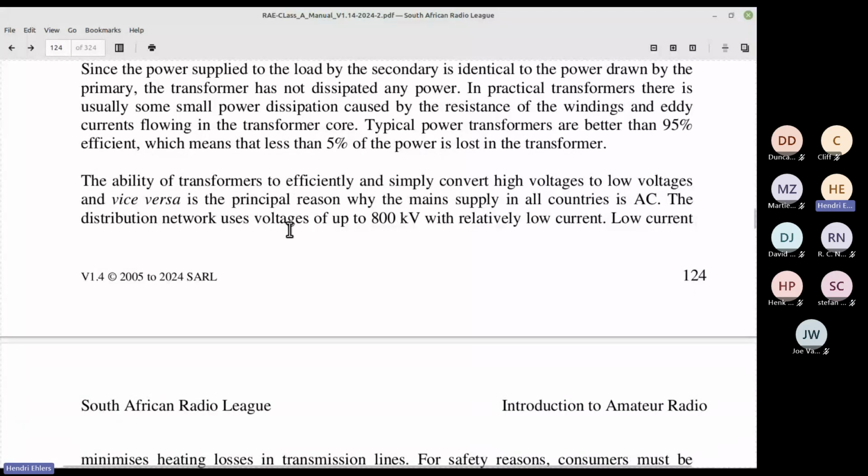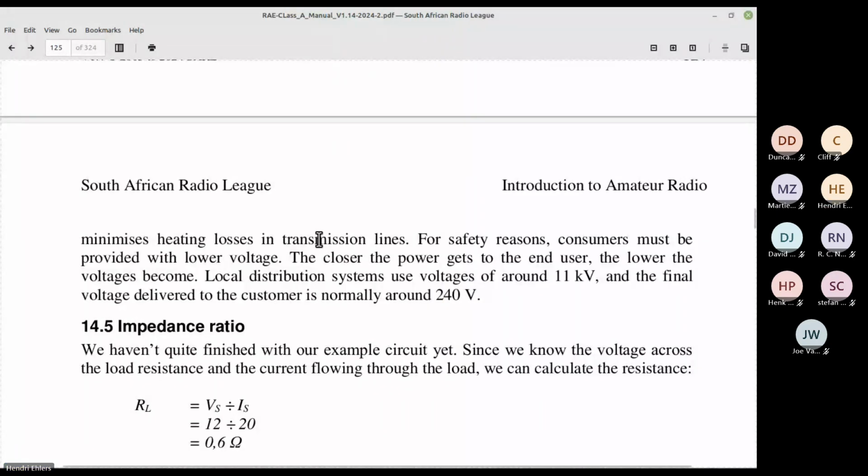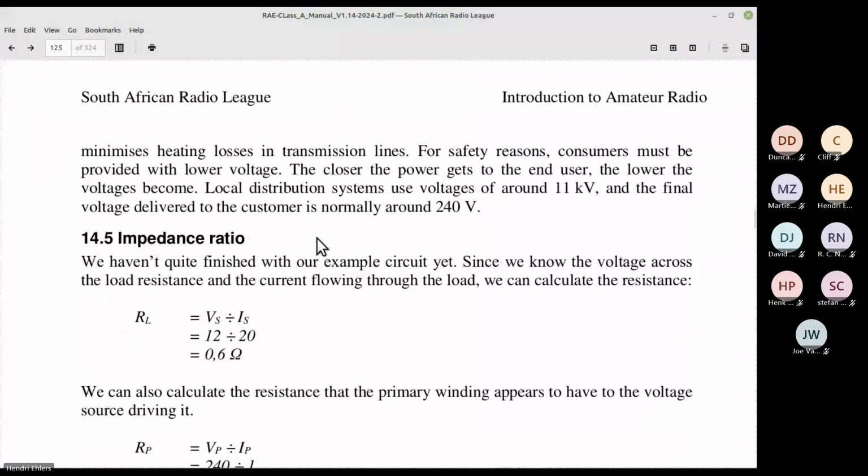So yeah, our electricity goes through plenty of transformers before we actually use it, and then obviously we as radio amateurs have transformers to step the 240 volt down to usable 12, 14 volts so that we can power our radios from it.